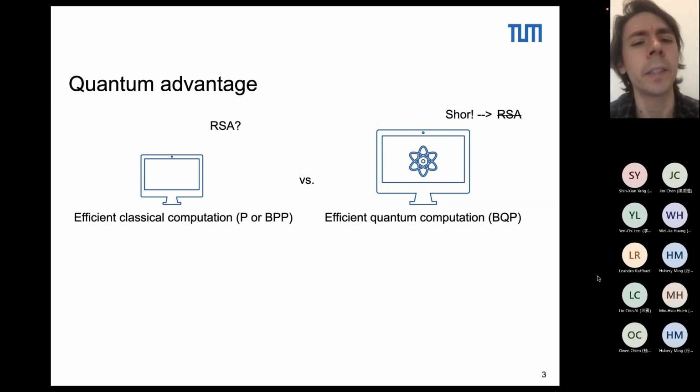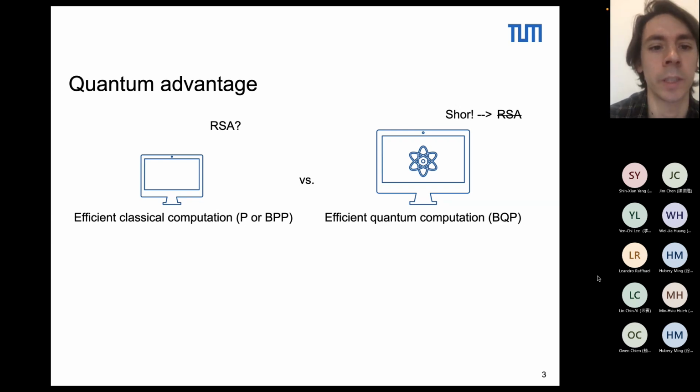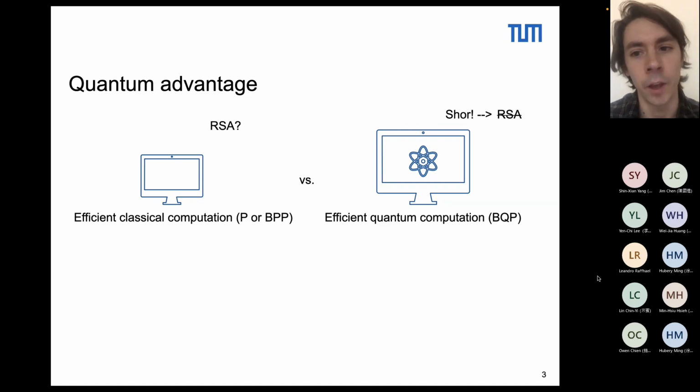One major milestone in this field was integer factorization, which allows, for example, to break the cryptographic scheme of RSA because of Shor's algorithm. So a quantum computer can do some computation that we think is hard for a classical computer, but for which we're not sure that this hardness is true or not.